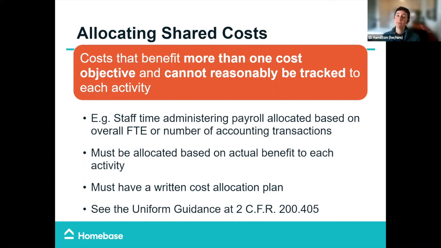If anybody is interested in those specific rules, we have a pretty good summary of those rules. So if you are responsible for doing this in your agency and you have questions, just know that there are a lot of rules. You have to have a written cost allocation plan and it needs to be compliant. And we do have some additional information on that. So reach out if you have questions.